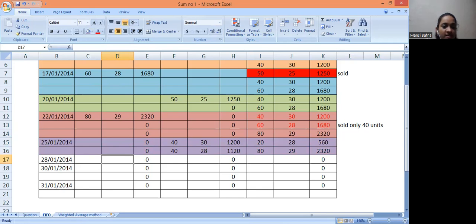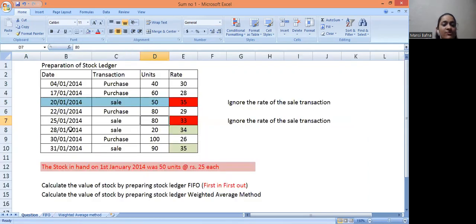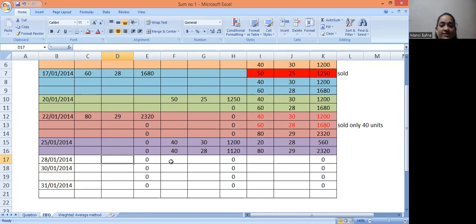Further, on 28th of January, you are again selling 20 units. Again, the rate is given, which is to be ignored. You are not going to take this rate. You will be ignoring this rate. Hence, I marked it in red color. And you are selling 20 units. So these 20 units which you have can be sold off directly. All of this 20 can be sold at the rate rupees 28.